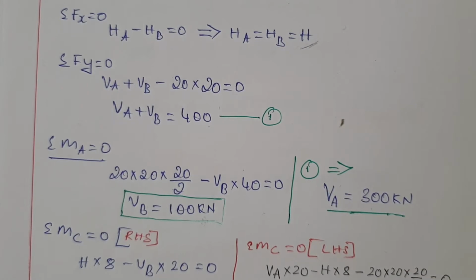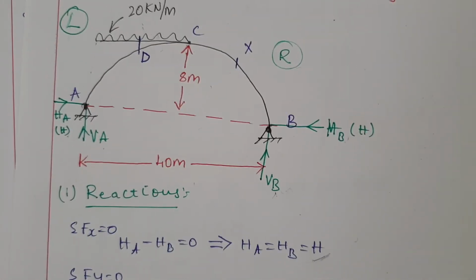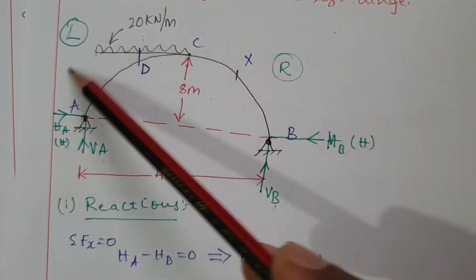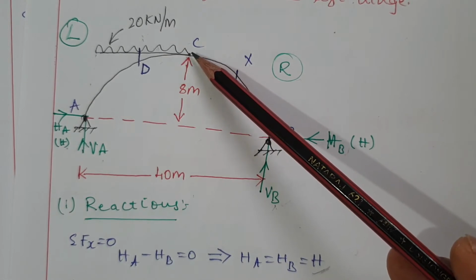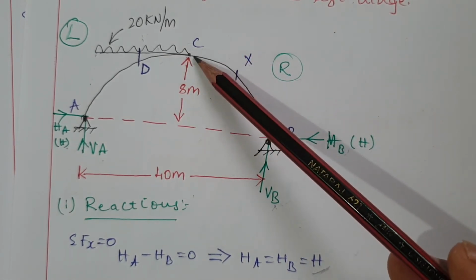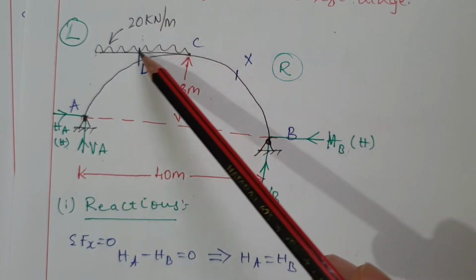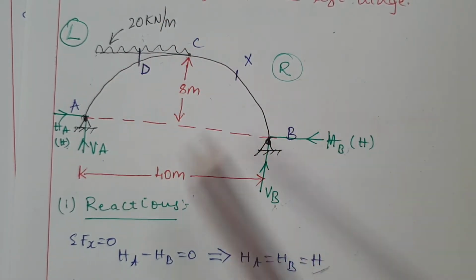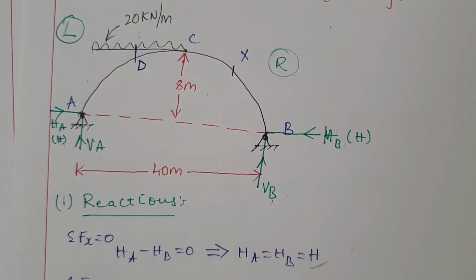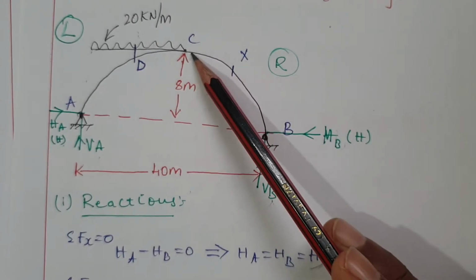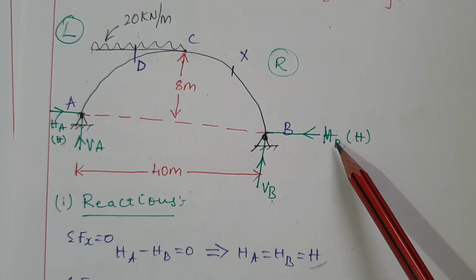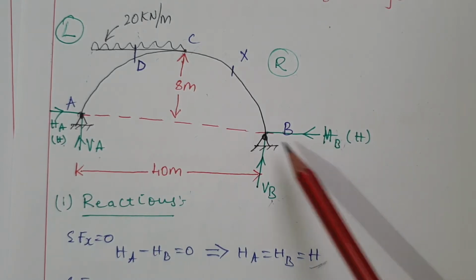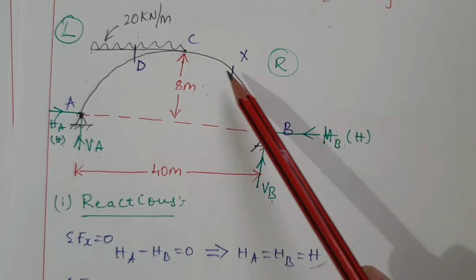After finding that, we consider moment at the crown equal to 0, either RHS or LHS. Here I solved both cases, so whichever portion you want to solve, it is shown. Anyhow, we know HA and HB are the same. Considering the right hand side, H tends to rotate clockwise, positive, multiplied by its perpendicular distance 8.